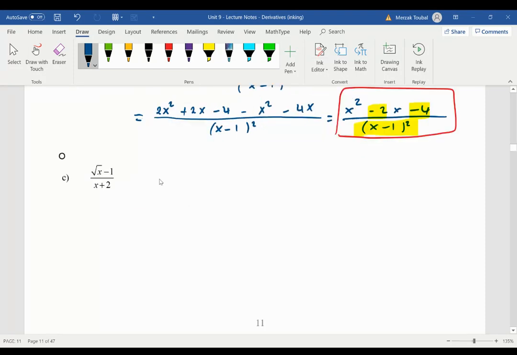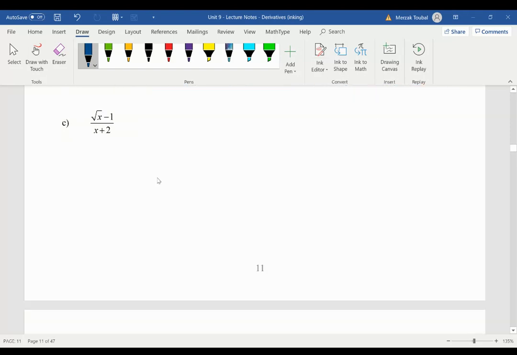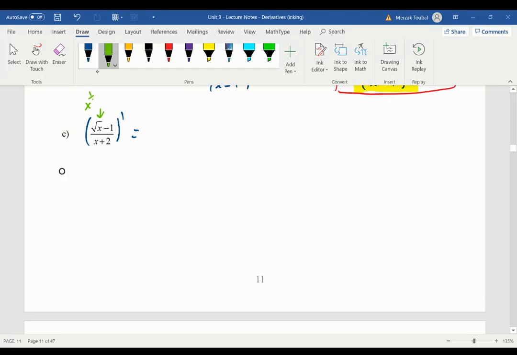Okay, let's work on the next example. Same thing when I take the derivative. I would like to write the function square root of x as x to the 1/2.